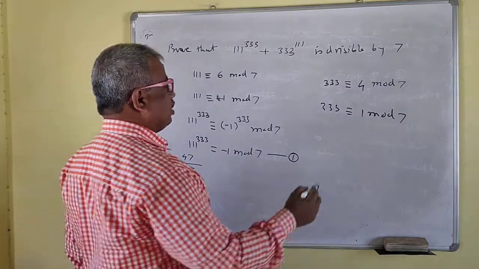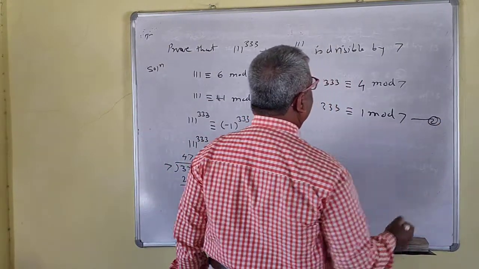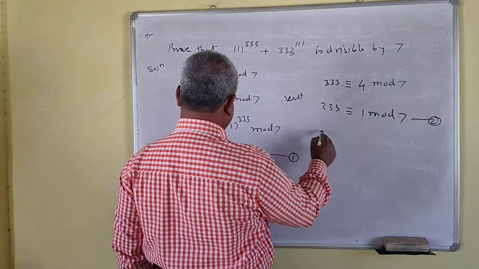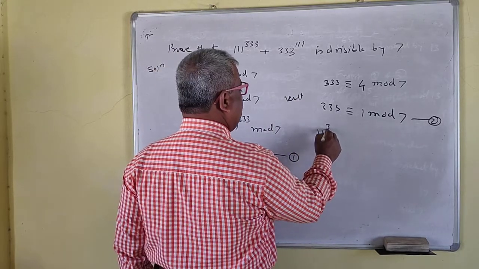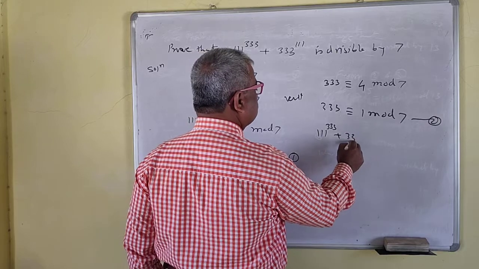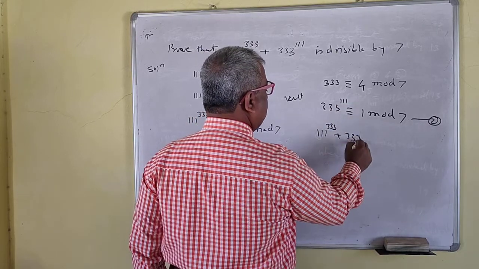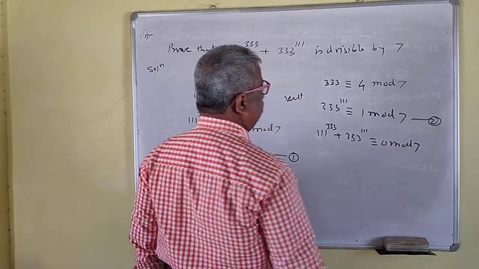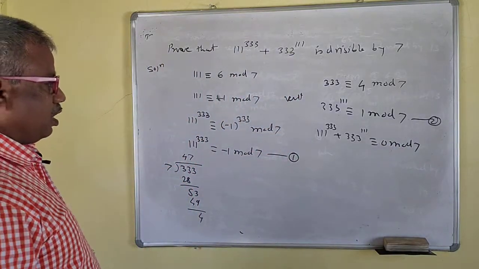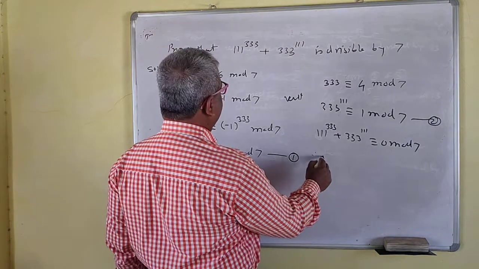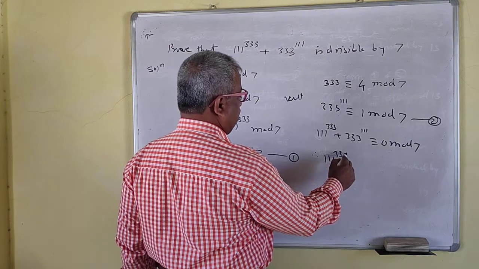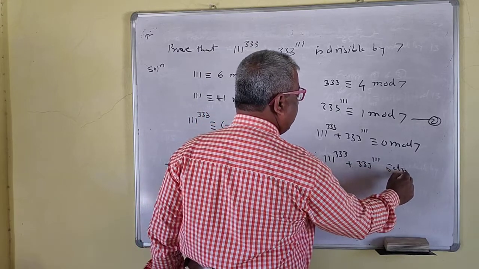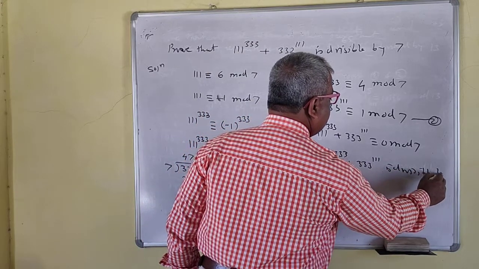Okay, so I'll call this 2. This is to verify. And then from 1 and 2, we will take the addition, 0 mod 7. Okay, so therefore 111 to the power 333 plus 333 is divisible by 7.